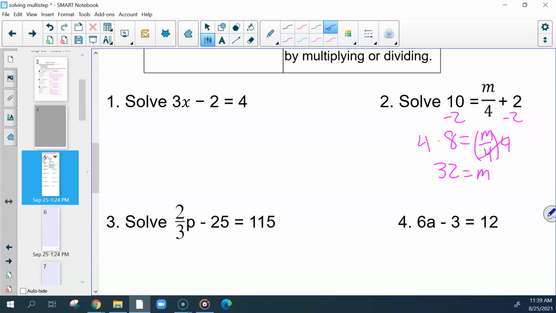Let's say fractions freak you out, you don't like them, you want to get rid of them. Sure, let's do that. So to get rid of that fraction, I would need to multiply that entire side by something that would make this a whole number. Really multiply it by a, not a factor, what is that word?